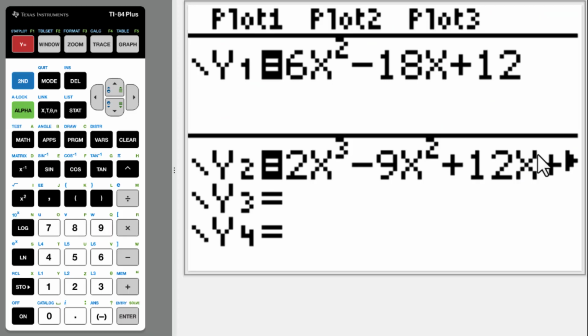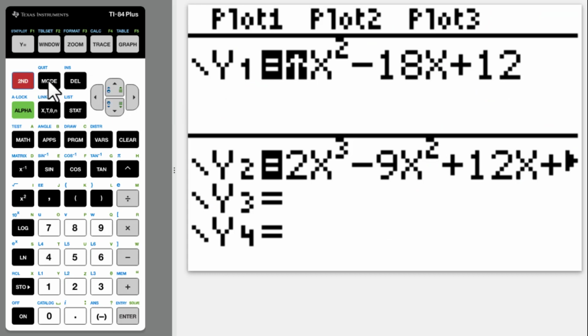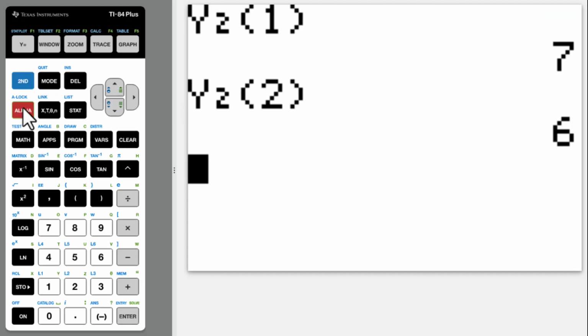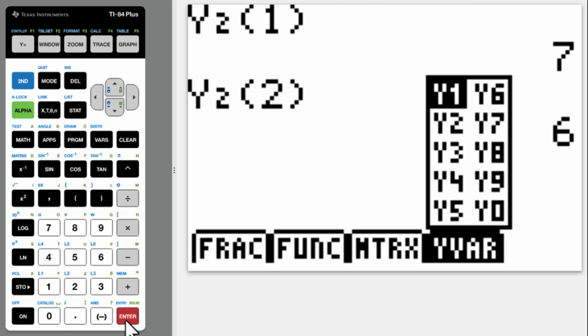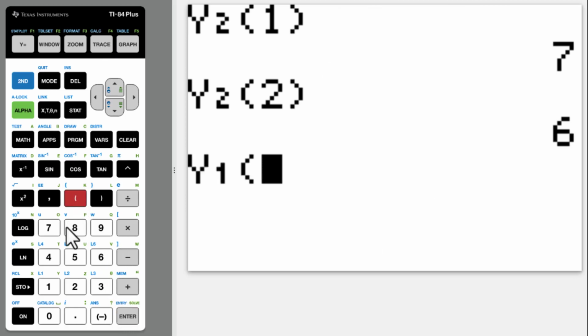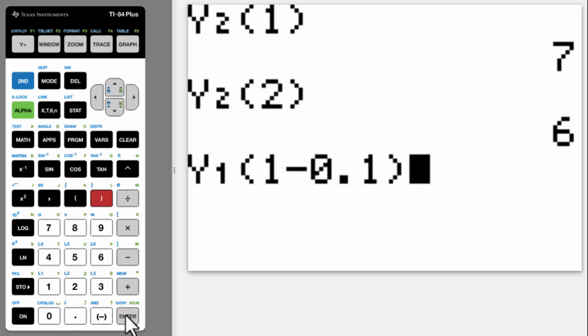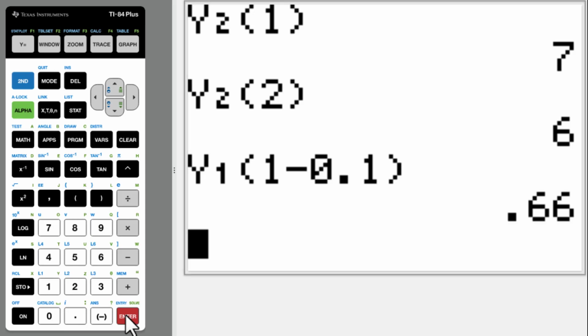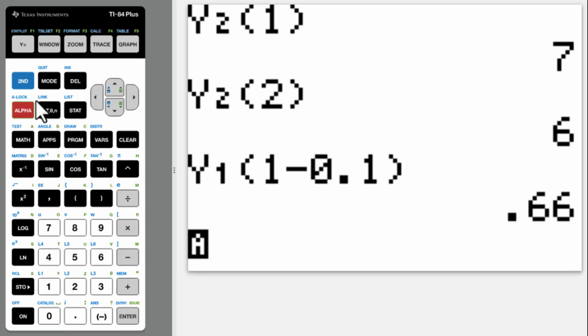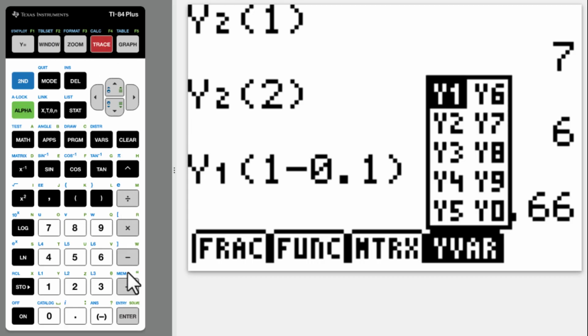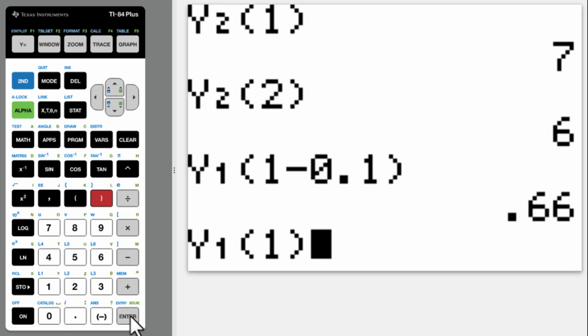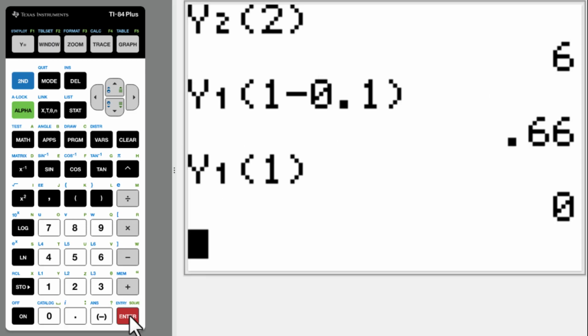Derivative function is y1. We have to use y1. Alpha trace y1. Put 1 minus 0.1. Enter. It's positive. Alpha trace y1. Y1 of 1 is 0 because the stationary point is at x equals 1.